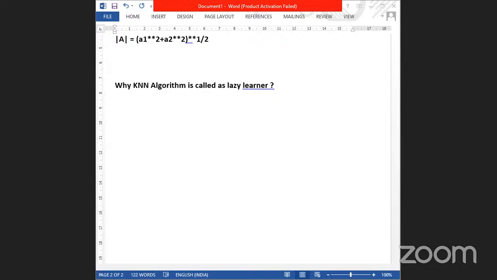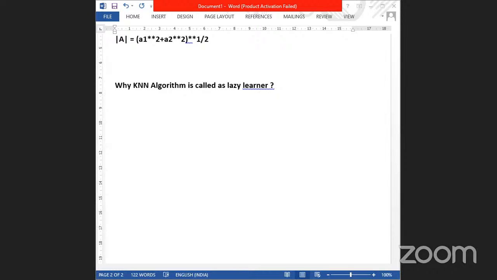But let me give you another example. Suppose you have a data set and you have built your model, and you feed your data in one go. If you have only 10 entries, what will KNN do?